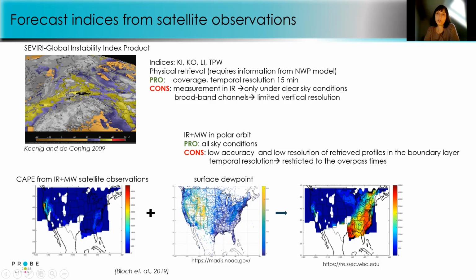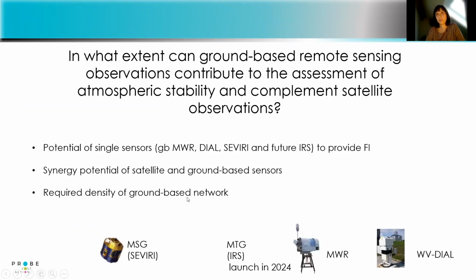These examples show that satellite observations alone are not sufficient for capturing atmospheric stability, and that these observations can also benefit from additional ground-based measurements.